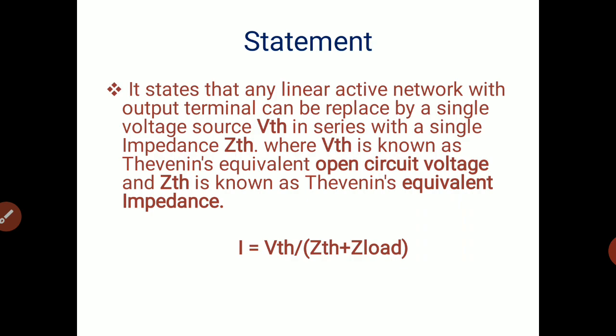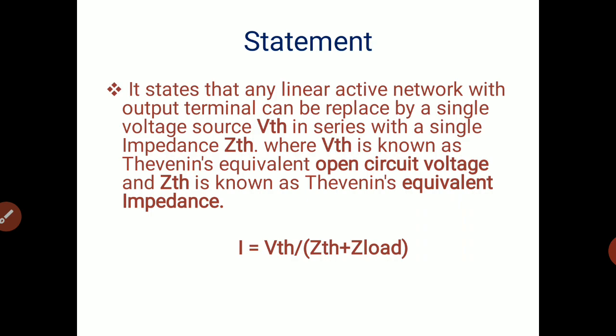The statement is that any linear active network with output terminals can be replaced by a single voltage source VTH, or we can say Thevenin equivalent voltage, in series with a single impedance ZTH, where VTH is known as Thevenin's equivalent open circuit voltage and ZTH is known as Thevenin's equivalent impedance.